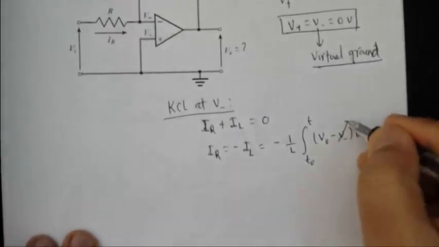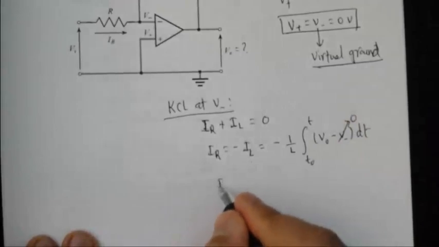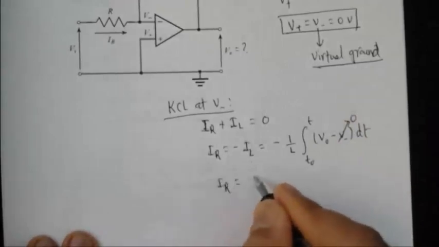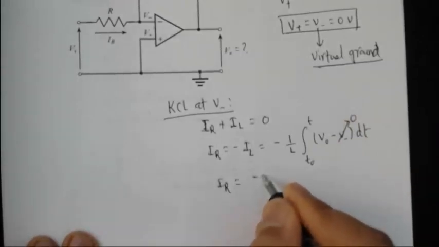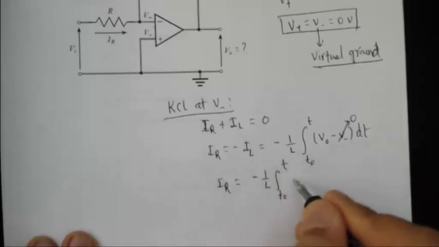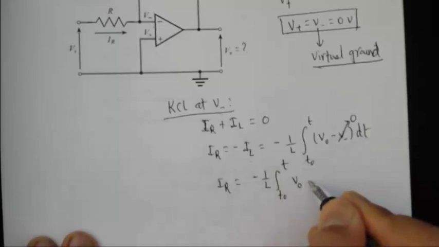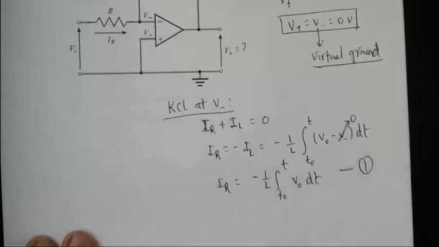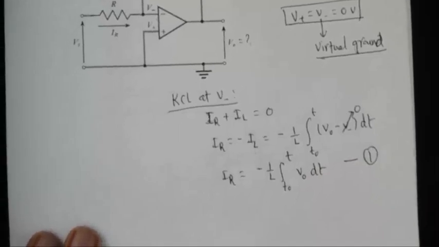But this is 0, this is at virtual ground, so IR is negative 1 over L integral from T0 to T of V out dt. Let's call this equation number 1 because we're going to need it later.